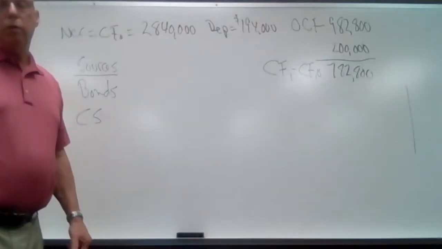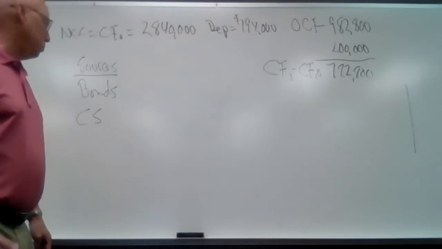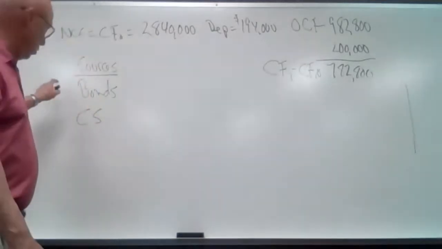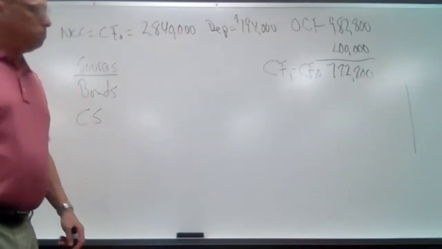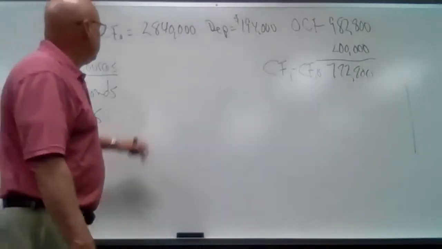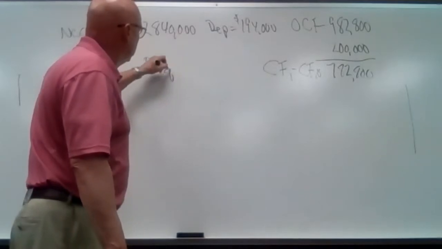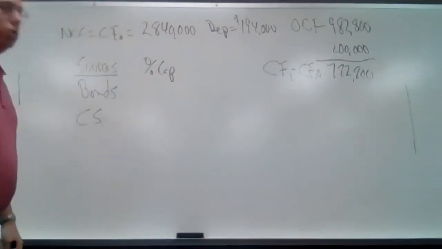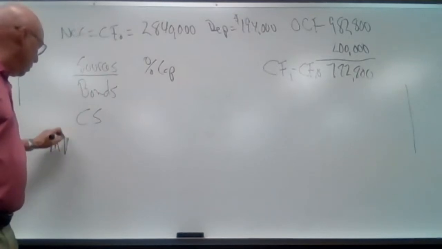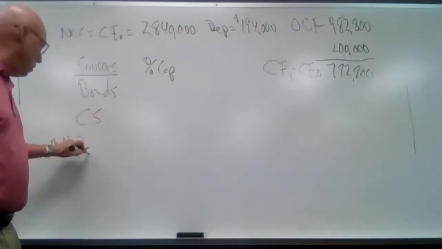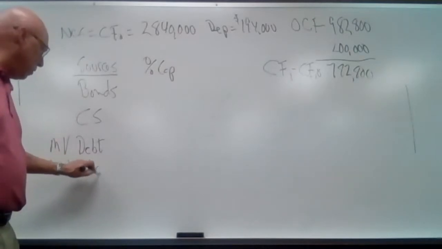And the other comprehensive problem that is posted with answers, and I'll post answers for this, has, I think, three forms of capital, okay? So we have our sources. Now we have to find our percentage of capital, okay? And to find our percentage of capital, we have to find the market value of debt, the bonds, and the market value of common stock.